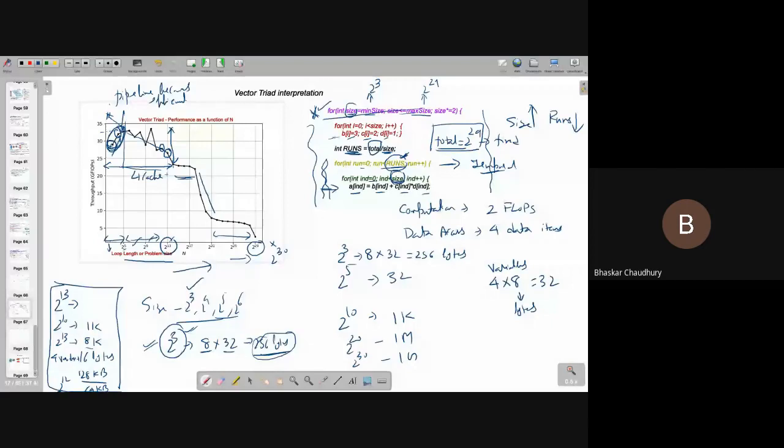The moment you go beyond 64 KB, assuming that your L1 cache is 64 KB, I don't exactly know the architecture on which this plot was run, then L1 is not going to support you anymore, because you have to go out of L1. So you will not be getting spatial locality very nicely.